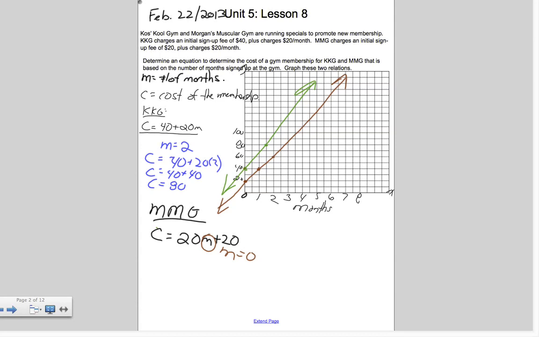Okay, so here we have a graph that models the 2 gym membership costs, one from Cause's and one from Morgan's. Tell me something about these lines. How can you describe these 2 lines? They're both going in the same direction; they both have positive slopes. They're parallel. What does parallel mean?